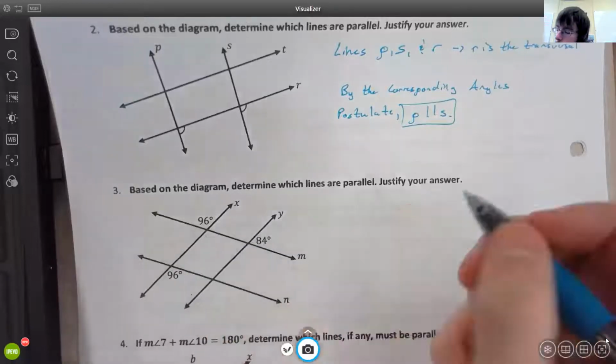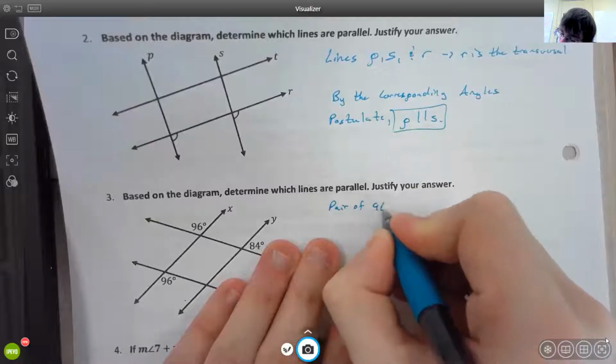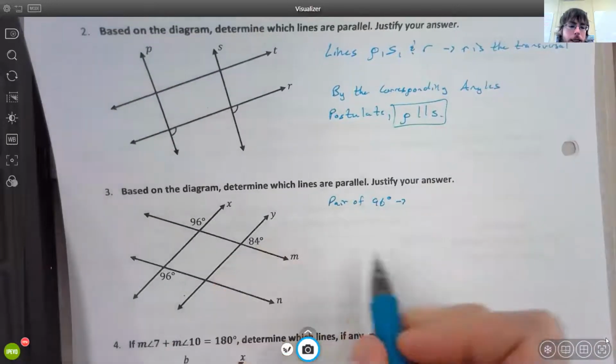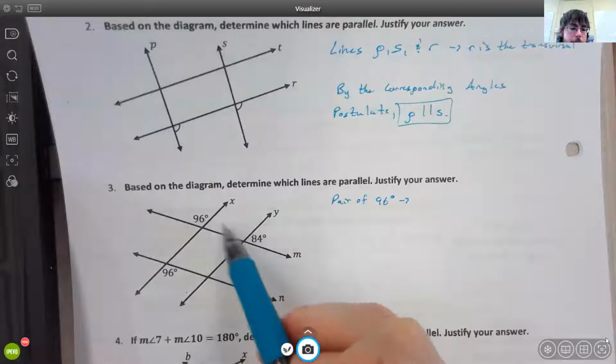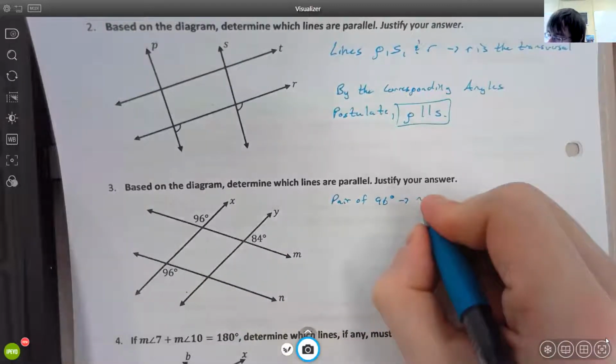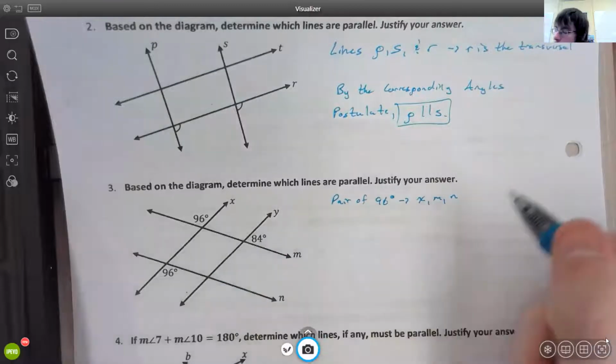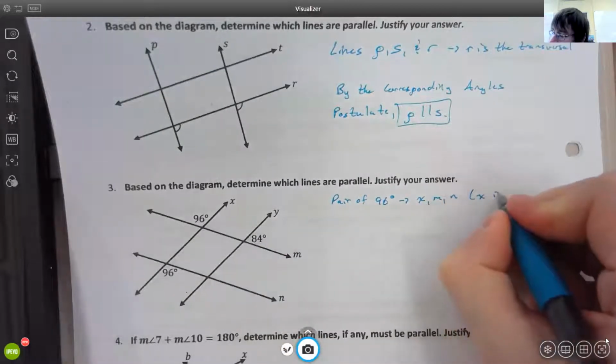We see the pair of 96s are attached to lines X and M as well as X and N. And if you look here, X cuts both M and N, so that means X is the transversal.